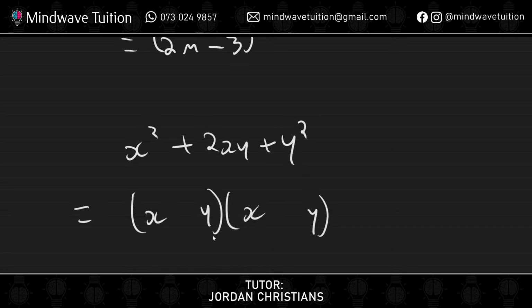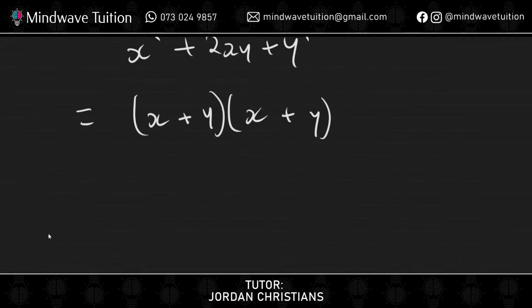What you do after that is you just focus on the numbers. In this case, we both have 1 in front of each of them, so that'll be fine, and we have plus 2, so the answer will be x plus y times x plus y, or x plus y all squared. If you want, you can also apply the perfect square method here, where you square root both, and that will give you the same answer.